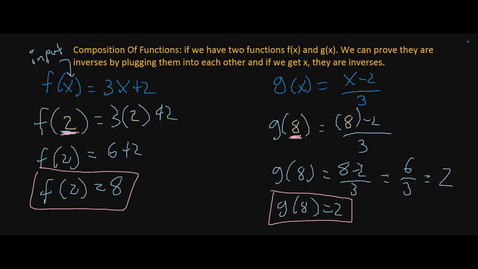So these two equations are inverses of each other, and like we talked about, inverses undo each other. So if we plug in 2 and we get 8, then if we plug 8 into here, we should get 2, right? What goes around comes around. Basically, inverses do the opposite of what the original function did. If you put in 2, it comes out 8. In the inverse function, we put in the 8, we should get back to 2. We're going back to our starting point.